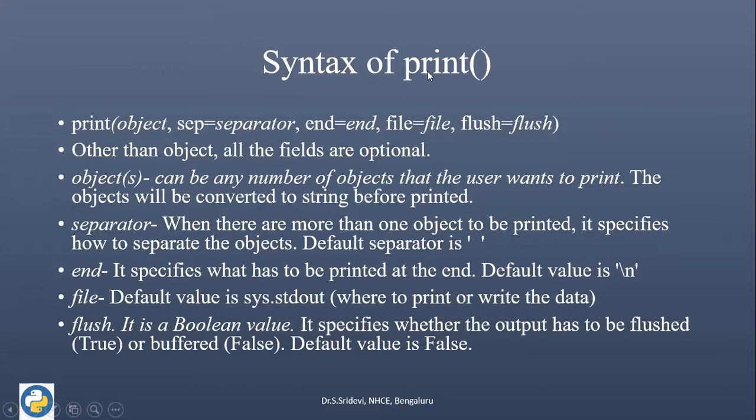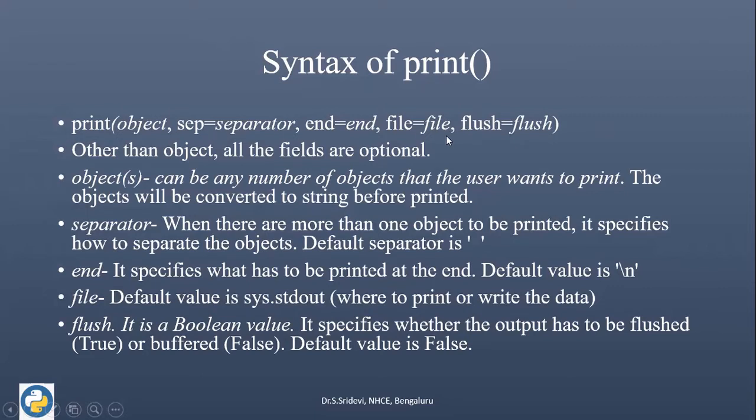So now let's see the syntax of the print function. So the print function is going to accept certain arguments. Let's see them one by one. First argument is the object, and second argument is a separator, and third argument is end value. Then we can give file, and then the last argument is flush.